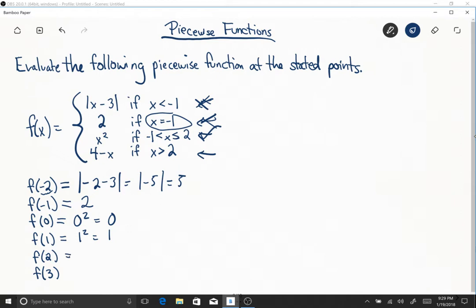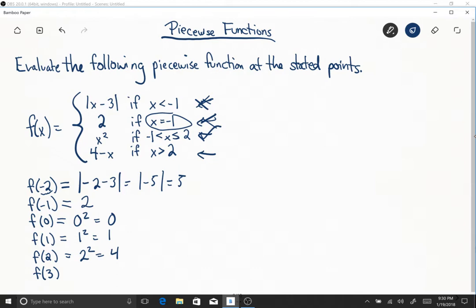f of 2. Notice 2 is not less than -1. 2 does not equal -1. So it doesn't satisfy the first two. But notice we have -1 less than x, but less than or equal to 2. So it satisfies that condition. So we go 2 squared, which equals 4. Okay, so on and so forth. Now here we go for 3.